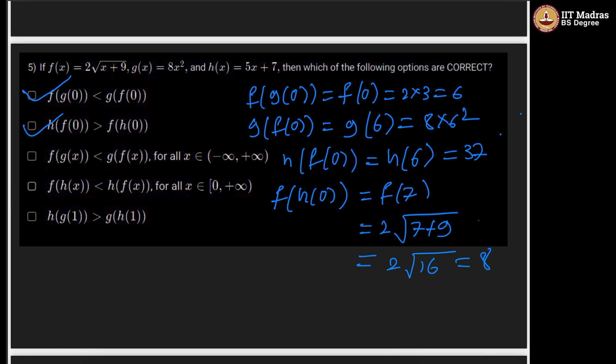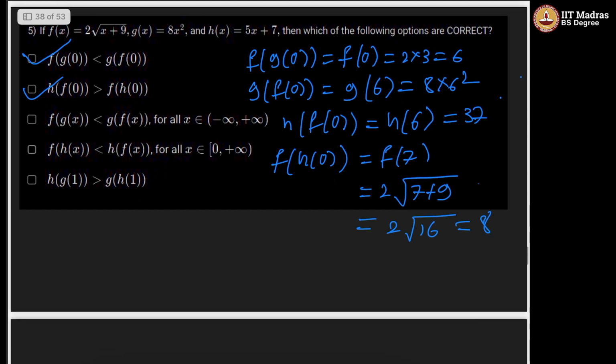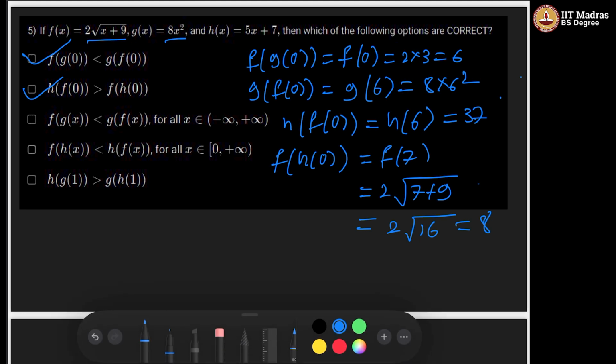Let us now calculate f compose g. So we have this one is f and this one is g. So f compose g of x is 2 into 8 x square plus 9.